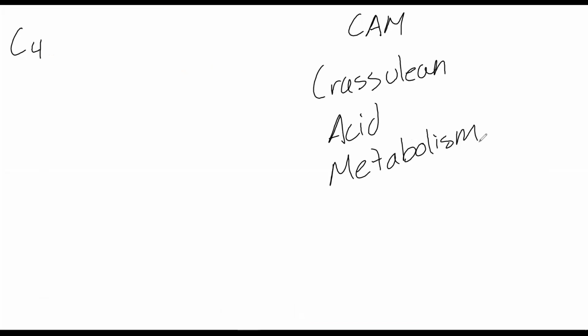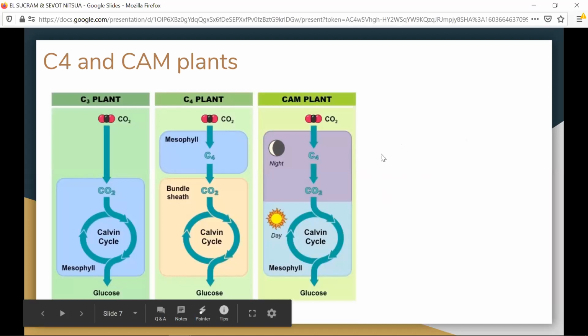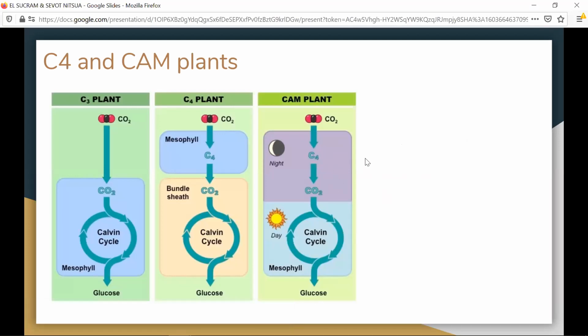They separate the light-dependent reactions and the Calvin cycle by time. Let's go back to our old model. In this model, we see the Calvin cycle occurs during the day, and the other processes occur during the night, so that it minimizes the contact between the oxygen and the Calvin cycle, right?